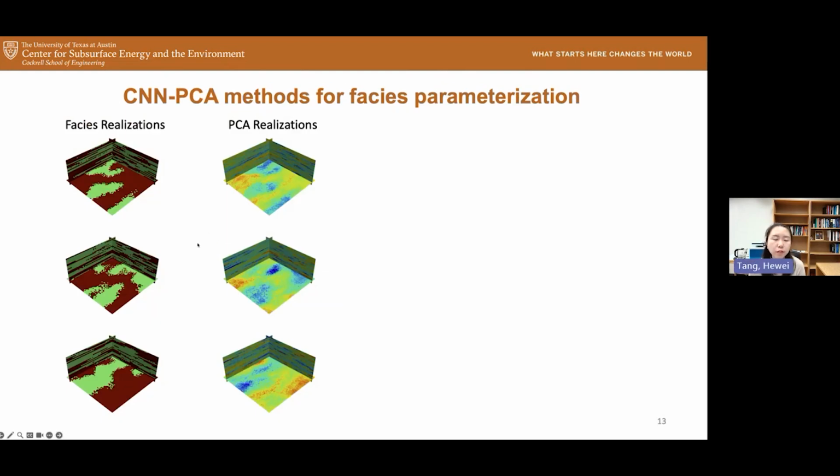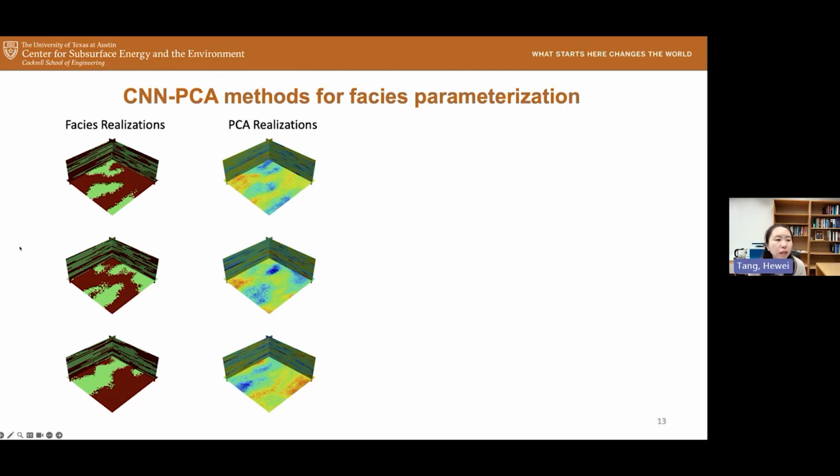The first thing we try is, what if we use a traditional PCA-based method? As we know, PCA is mainly applicable to Gaussian distributed fields. However, here the facies realization is really a binary distribution.